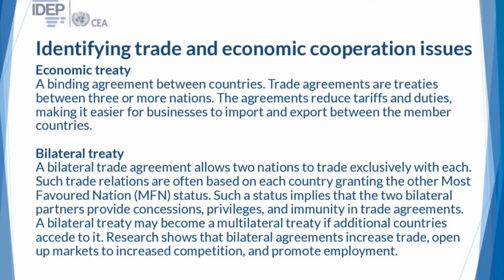The bilateral treaty may become a multilateral treaty if additional countries accede to it. Research shows that bilateral agreements increase trade, open up markets, and increase competition and also promote employment.